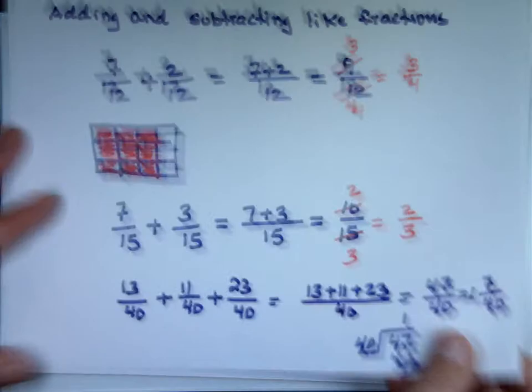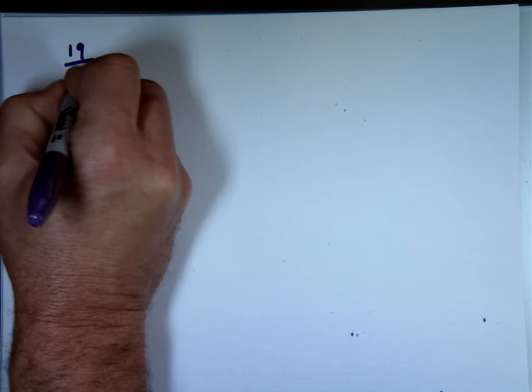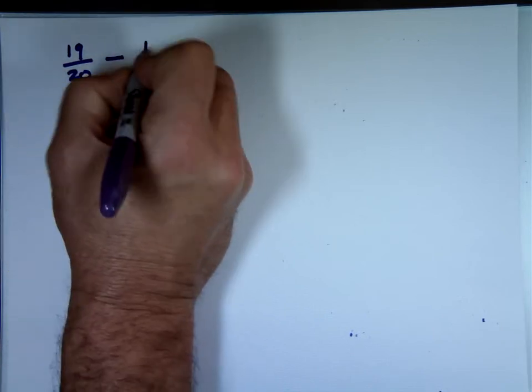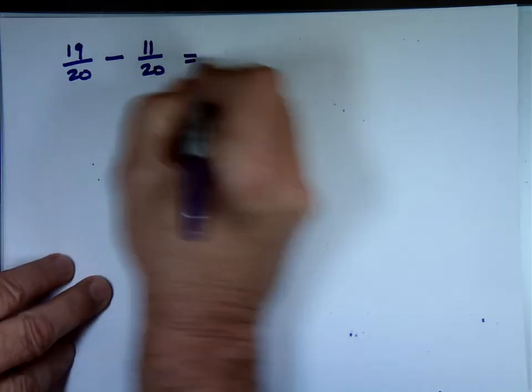Let's try subtraction. 19 over 20 minus 11 over 20. Again, adding and subtracting.